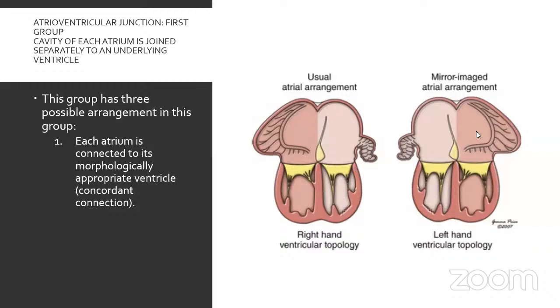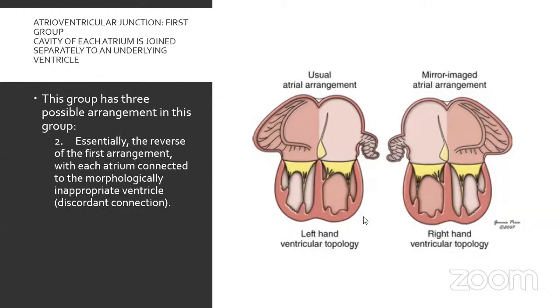Even in the mirror image, the right morphological atrium, even if it's on the left side, is connected to the right morphological ventricle. This form of arrangement is usually termed concordant connection, because, morphologically speaking, each atrium is connected to its appropriate ventricle, whatever the side is.